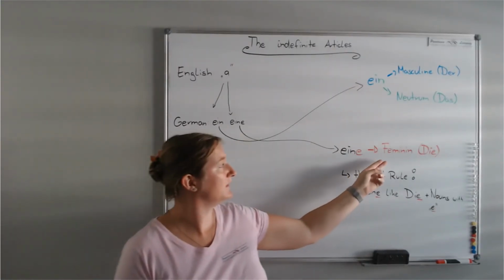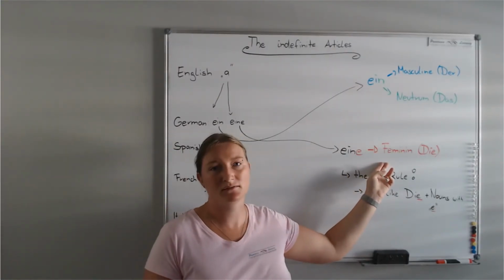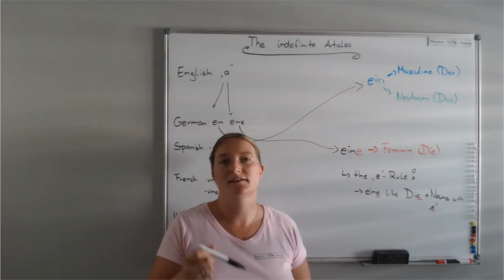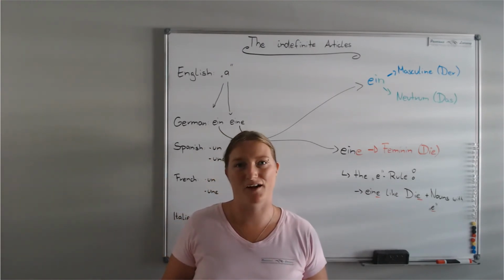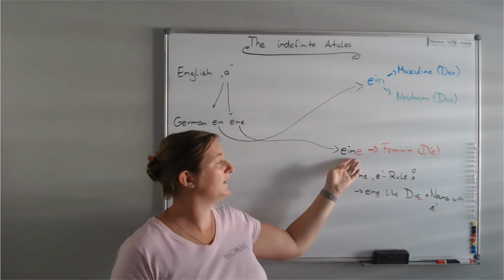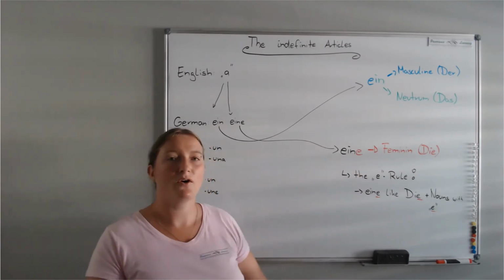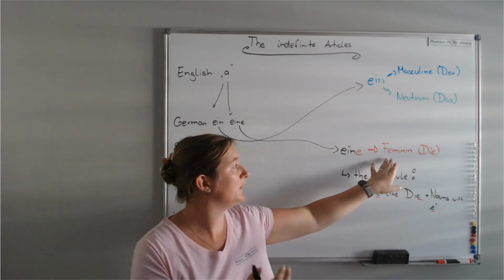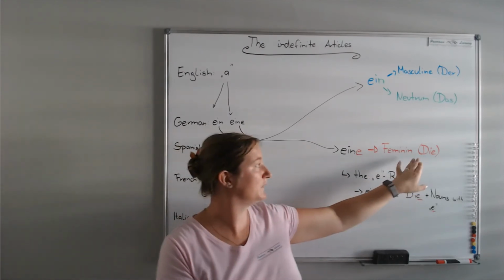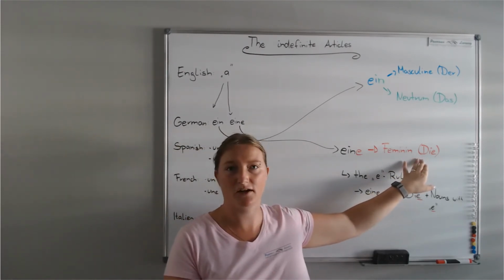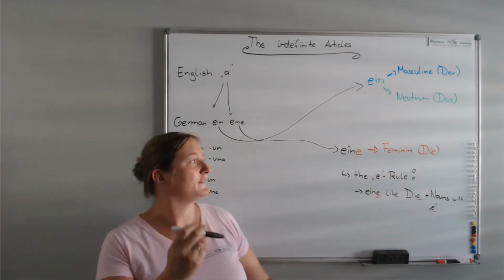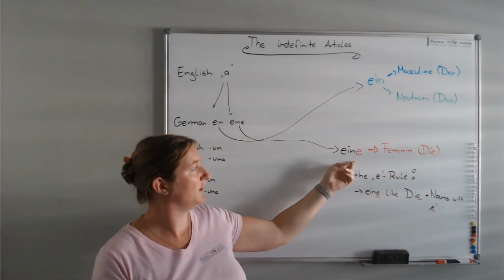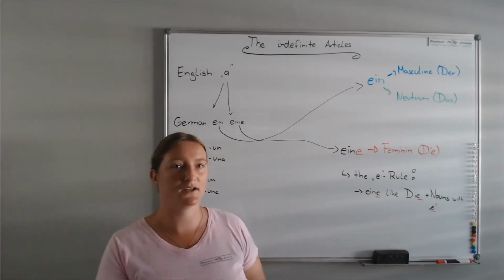Die, the feminine nouns, has its own indefinite article. It's eine. All the nouns that go with the rule as a feminine noun, that use die as definite article, have as indefinite article eine in the nominative case.